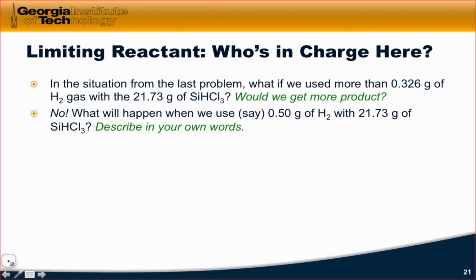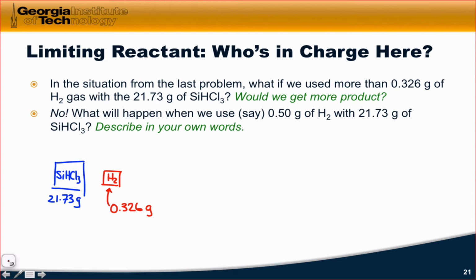In the meantime, I'll try to draw a picture of what's going on. We have some mass of SiHCl3 that we'd like to consume completely. And we know that a certain mass of hydrogen gas, which is considerably smaller, is what's called the stoichiometric amount. In the case of the example from the last video, this was 0.326 grams, and the mass of SiHCl3 was the 21.73 grams.